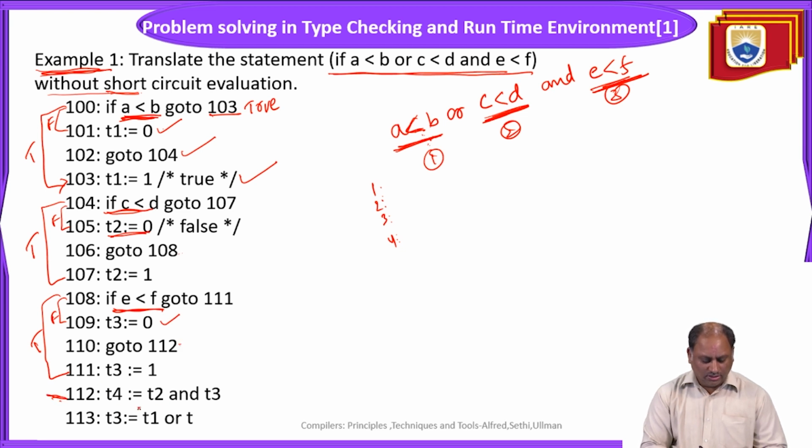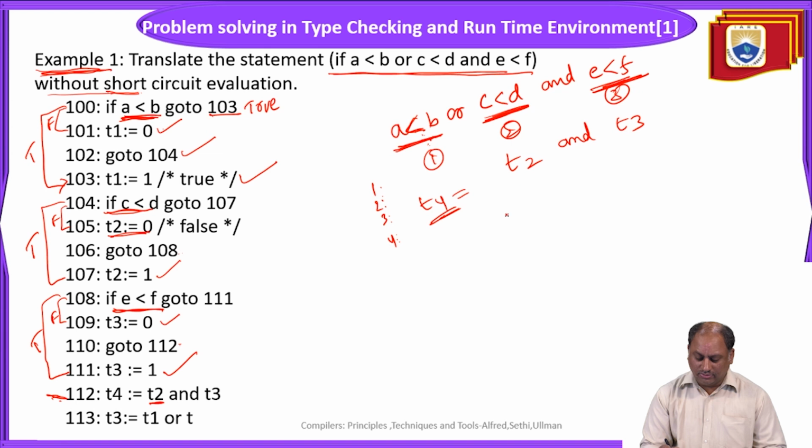Then here the evaluation of the expression can be done, that is T4 is evaluated with the previous two, that means T2 and T3. So, what is T2 here? True, and T3. So, T2 and T3, and the result is stored in T4.